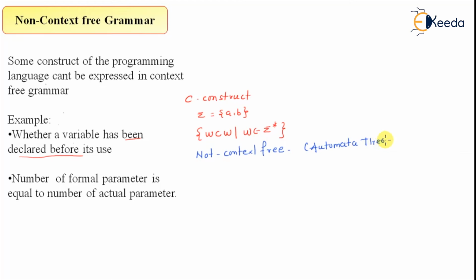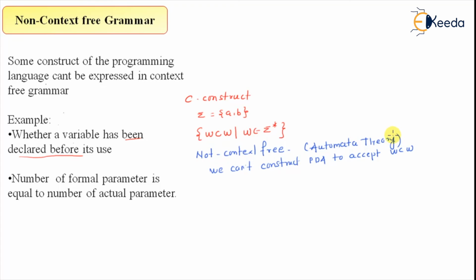But for the time being, I'll just take it as information. We cannot construct a PDA, pushdown automata, to accept WCW. So this is not context-free.